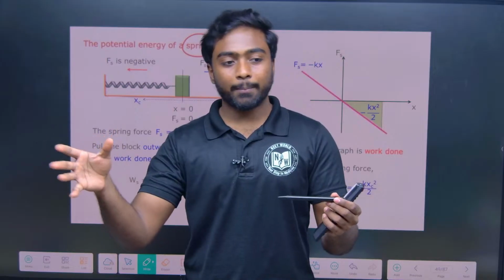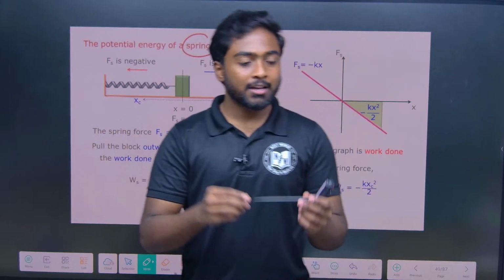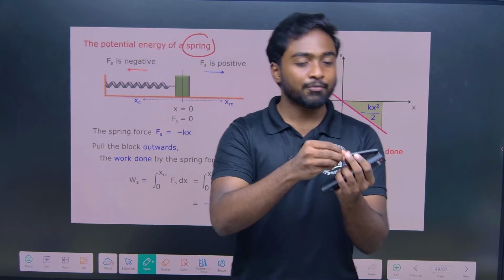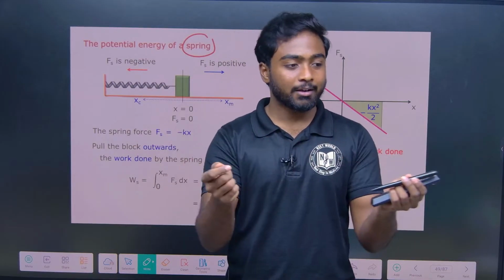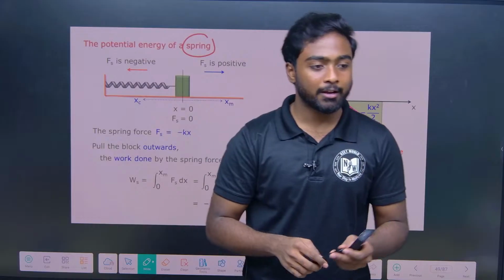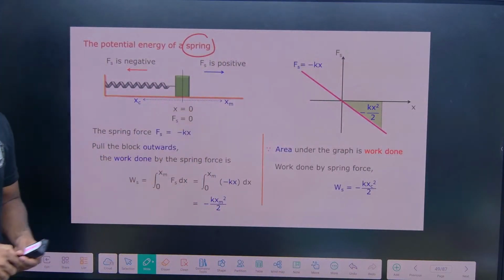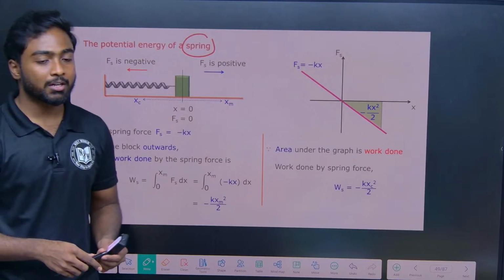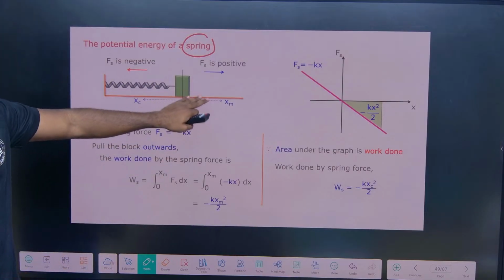If I leave it, it converts to kinetic energy. Same thing if I compress the spring. If I leave it, it will oscillate and come back to the neutral point, which is nothing but the equilibrium position, where it is at its original length.